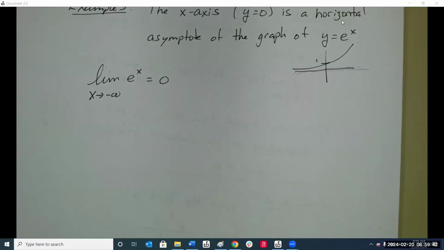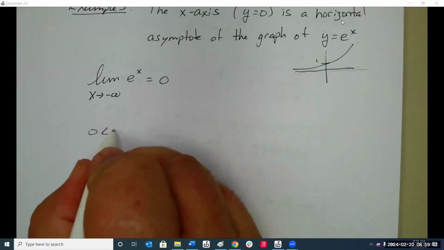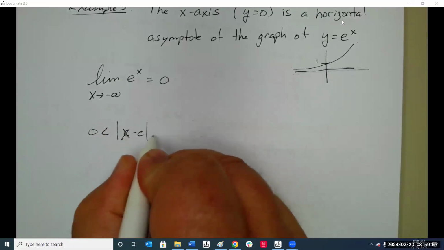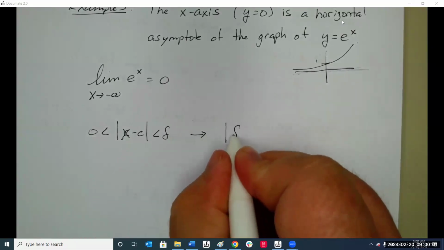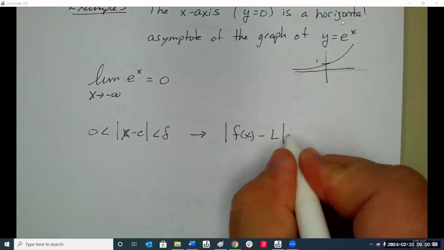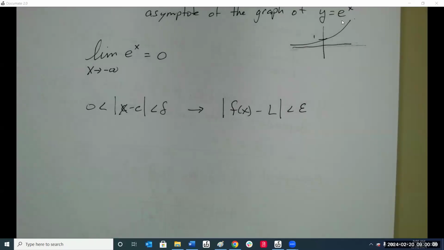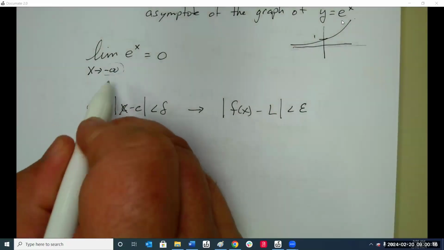So how would you solve that using epsilon delta? Really can't do anything with this side because our c value is negative infinity.